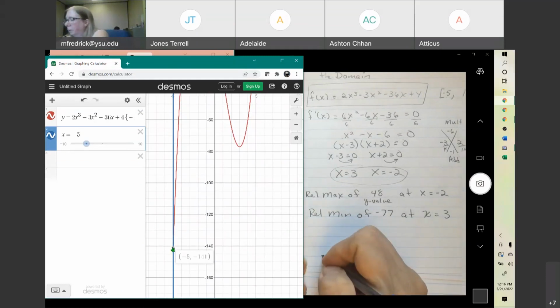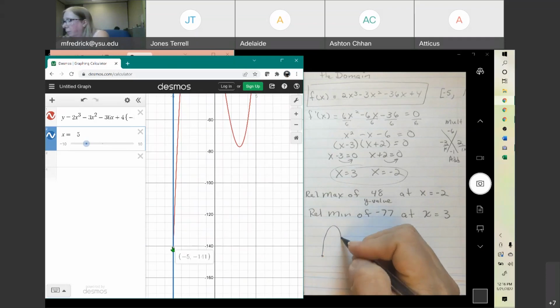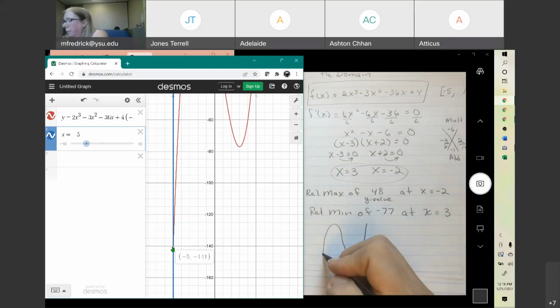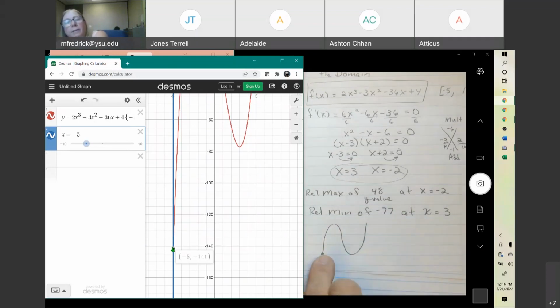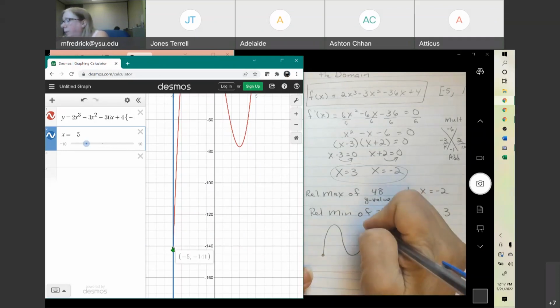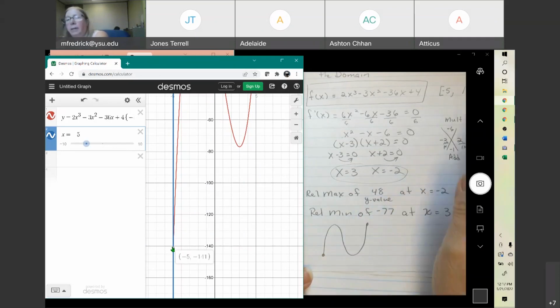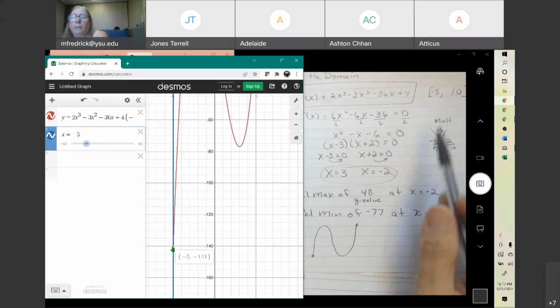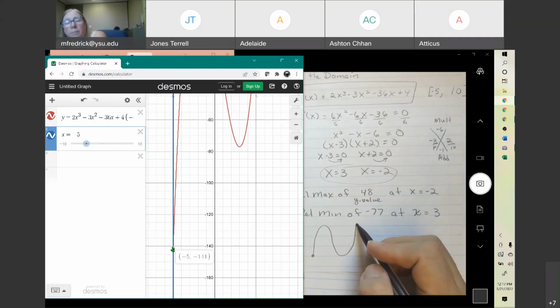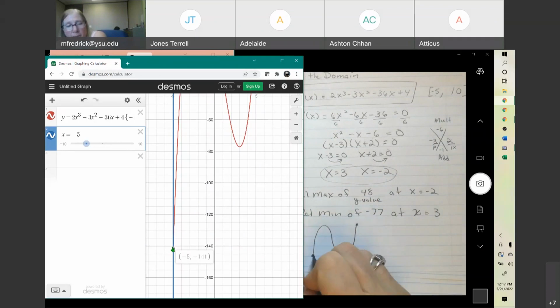Now, this one, notice that the red graph is going like this. So at -5, this is a min. So an endpoint can also be a relative min or a relative max. 10 would be over here, the other endpoint. So this one would be a relative max. This would be a relative min.